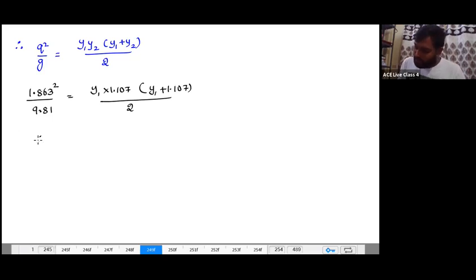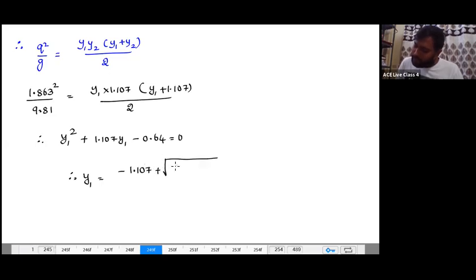So from here I can write y1 square plus 1.107 y1 minus 0.64 is equal to 0. Now you can find the y1 value. y1 is minus b, minus 1.107, plus root of b square, 1.107 square, minus 4ac, so minus of minus plus 4 into 0.64 into 1 by 2 into 1.